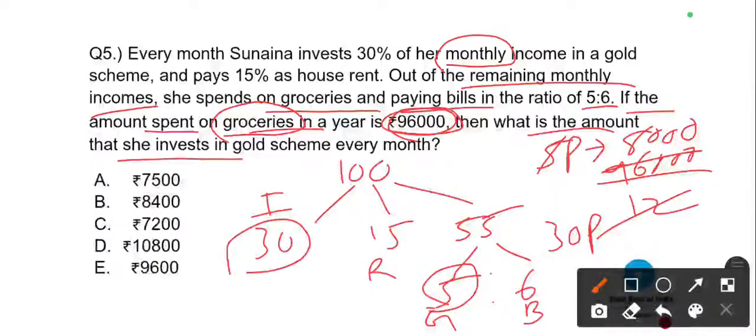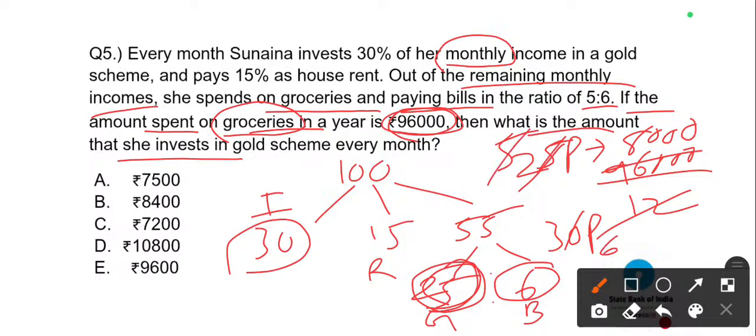Sorry, here it is not 5 parts value. It is totally 5:6, which means 5 plus 6 is 11, and 5 times 5 is 25 parts. 25 parts value is 8,000. So this will be 5 times and this will be 6 times. 5 times 1,600, so the answer we got is 6 into 1,600, 9,600. 9,600 is our answer.